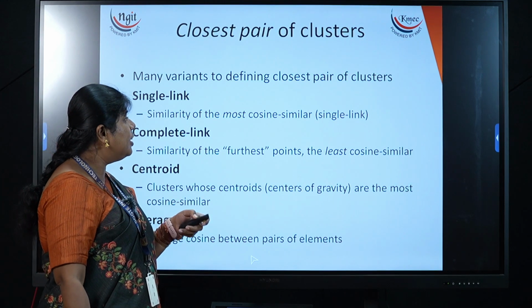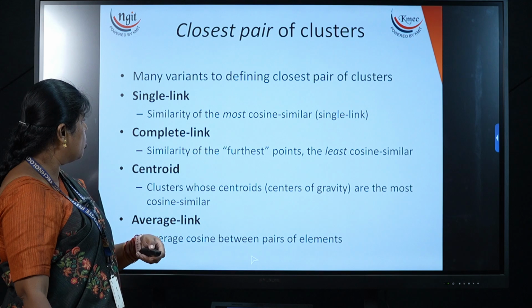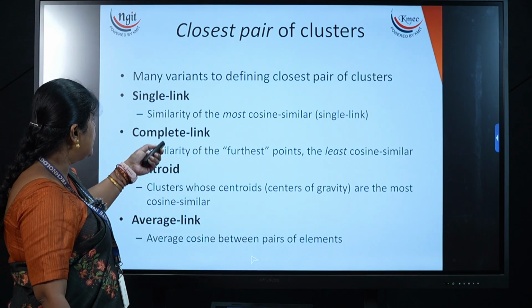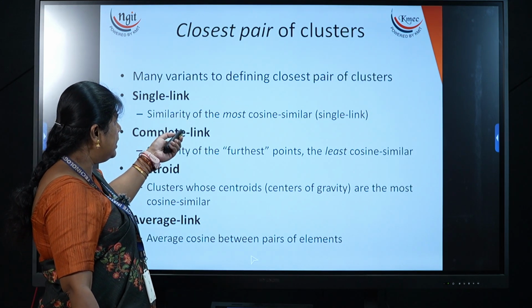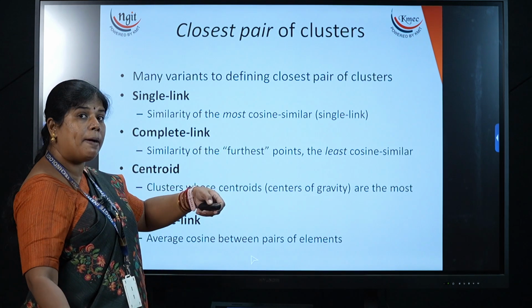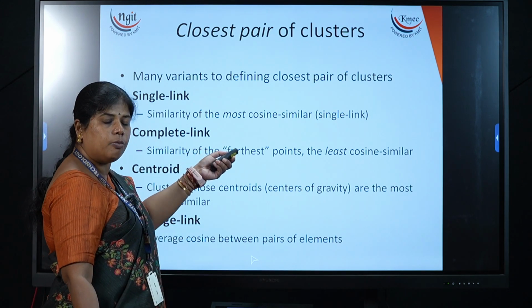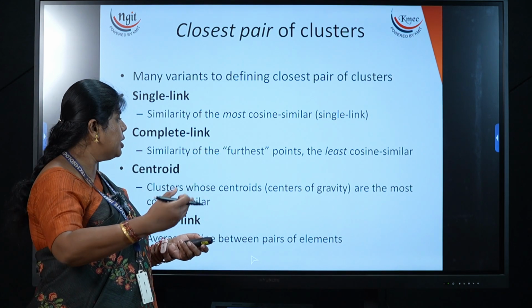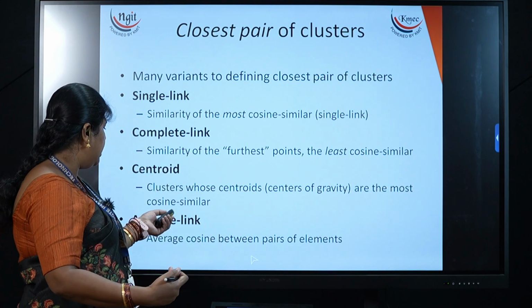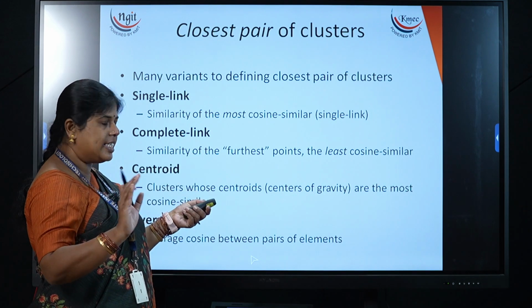Now what are the criteria for selecting the closest pair? One is known as single link. In single link, the cosine similarity measure should be the maximum one. In complete link, I consider the minimum cosine similarity. Average link is in between single link and complete link; it uses the average.